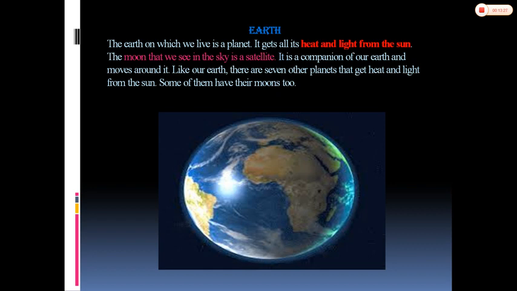That means the side which we can see here in India, the same side will appear in any part of the earth. So in this way, not only the earth has a moon, but some other planets also have moons around them.